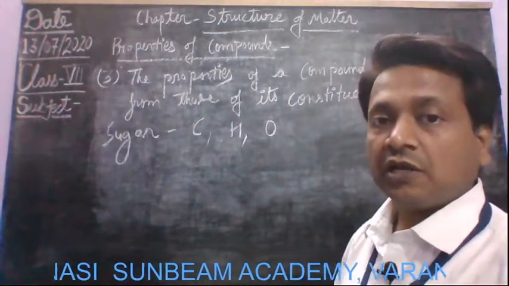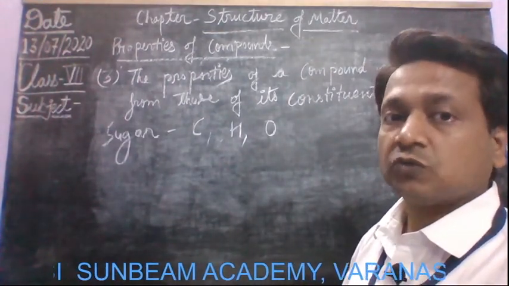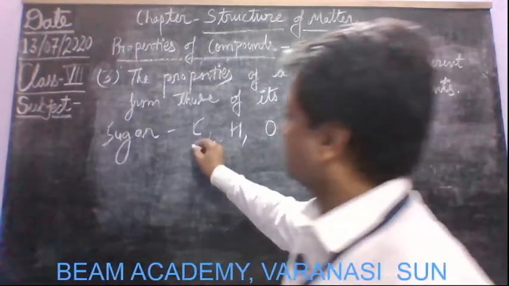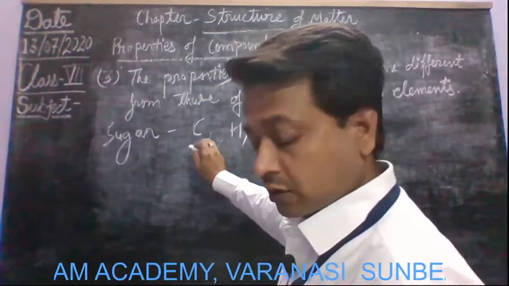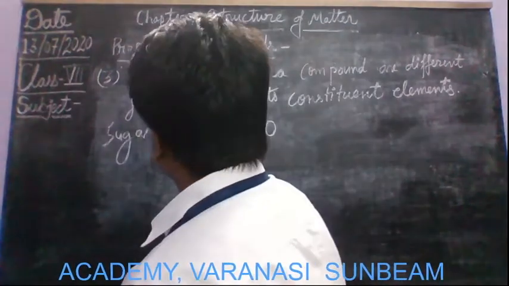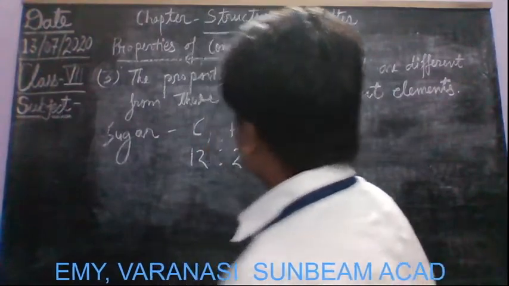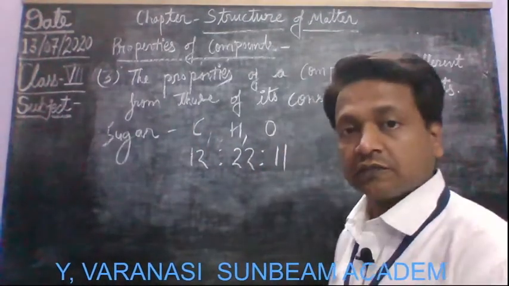These three are present in the sugar molecule in a definite ratio: carbon is 12, hydrogen is 22 and oxygen is 11.